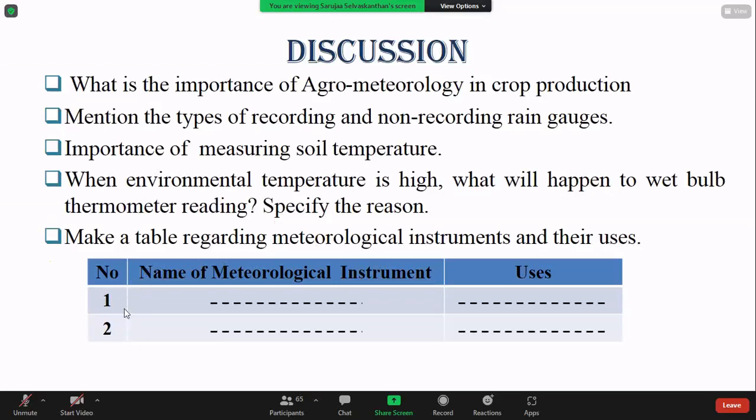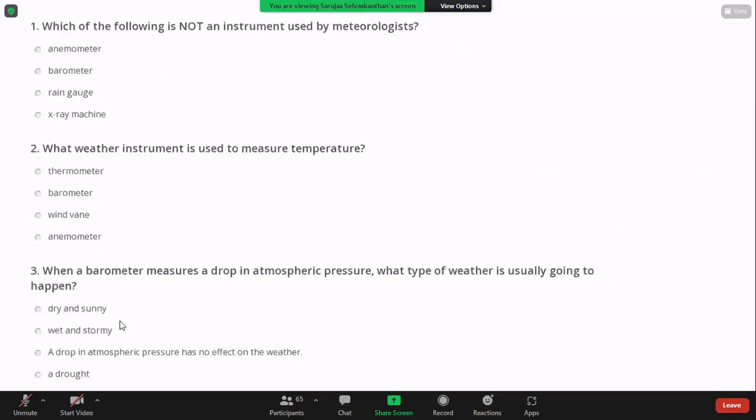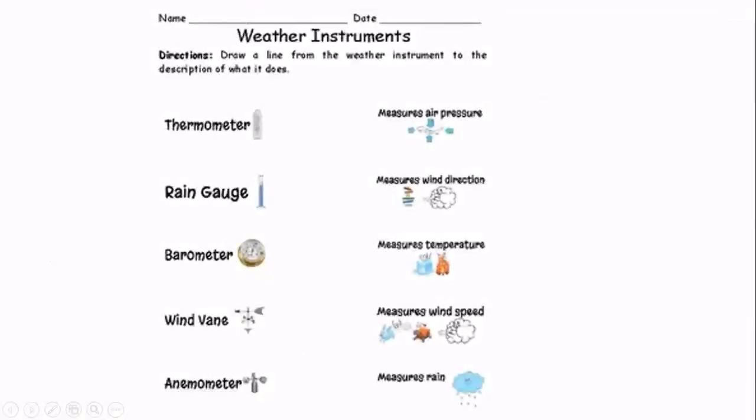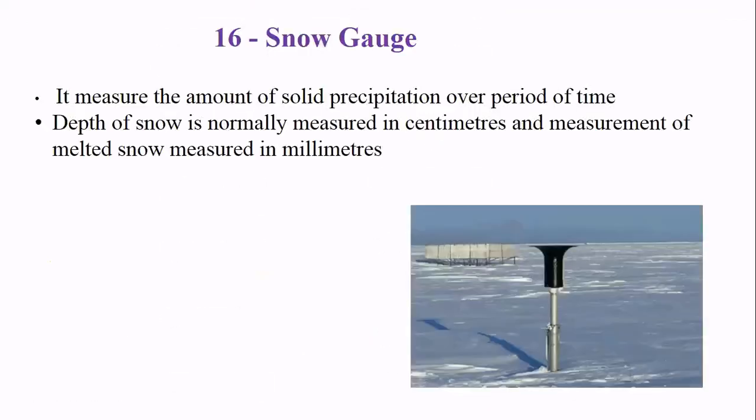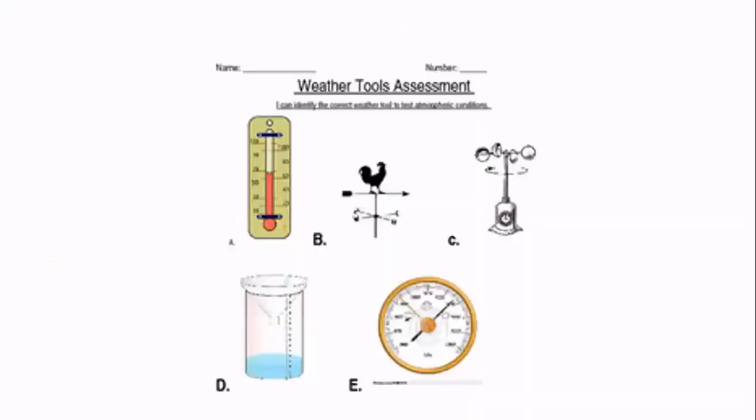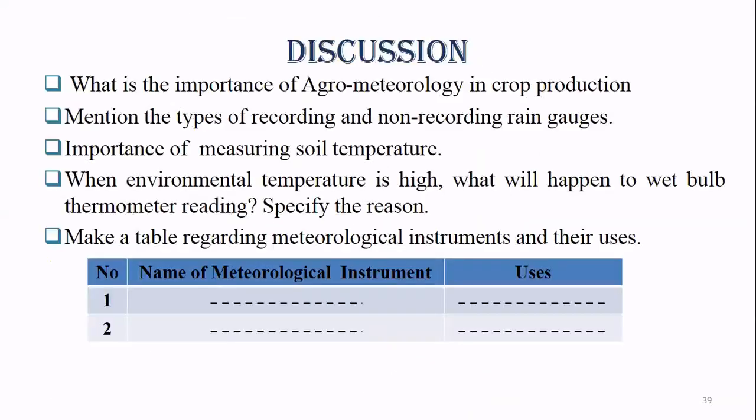We studied nearly 16 instruments. But while you are writing these instruments and their usage, you need to give additional instruments, because these are not only 16 instruments. There will be several instruments other than these 16.